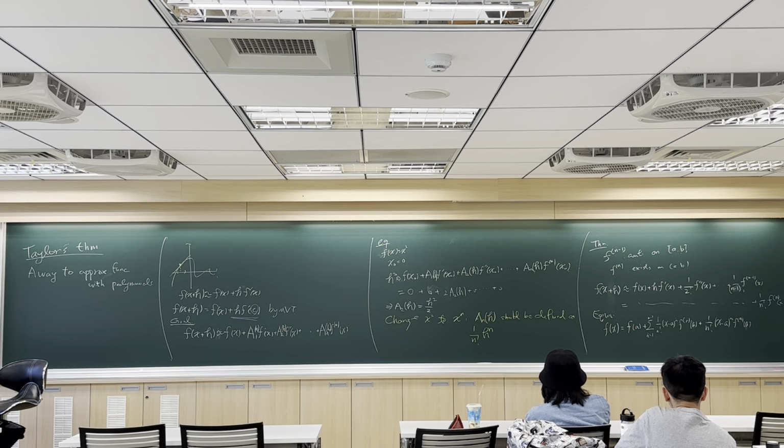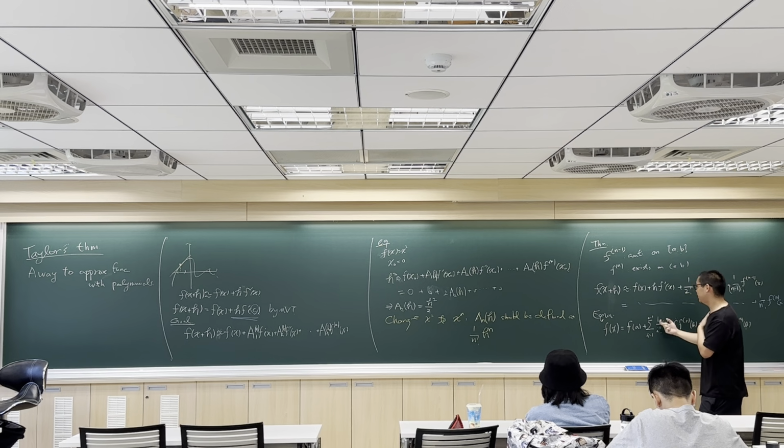I think that's the version you have learned. You can see that these two are the same. I just change x to x plus h and x minus a to h.